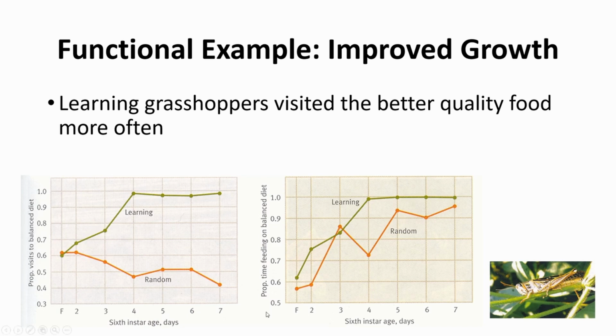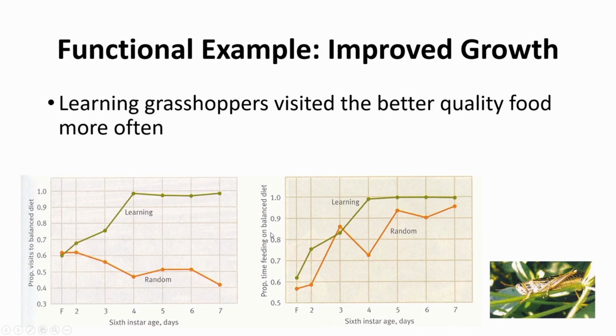Now, the other graph showed us something interesting. So again, we have time on our x-axis, that's not different, but on our y-axis, now we have proportion of time feeding on that balanced diet. So not just number of visits, but the proportion of time. And so this basically shows us that both ended up preferring to spend more time on the balanced diet.